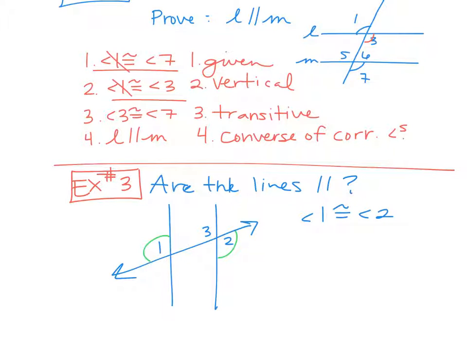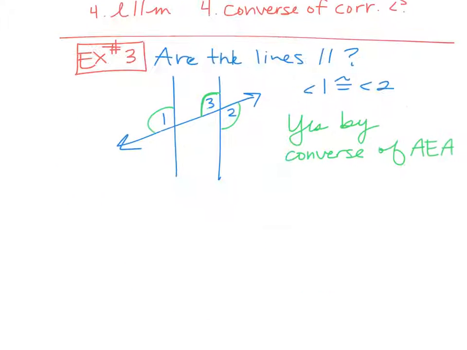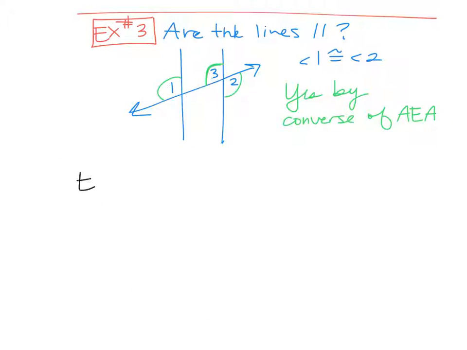And there's a theorem that says if alternate exterior angles are congruent, then the lines are parallel, okay? So are the lines parallel? We would say yes by the converse of what Jason was just talking about. Converse of alternate exterior angles. And like we did in the last one, you could have done the process of, we know 3 and 2 are vertical. Transitive property would then say 3 and 1 are congruent. So you could do the converse of corresponding as well if you wanted to work your way through it like that.